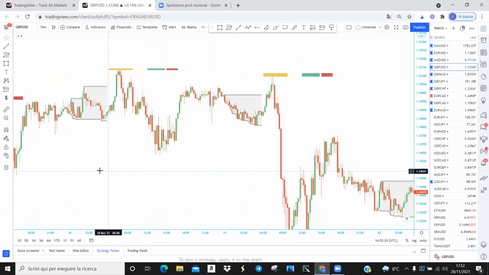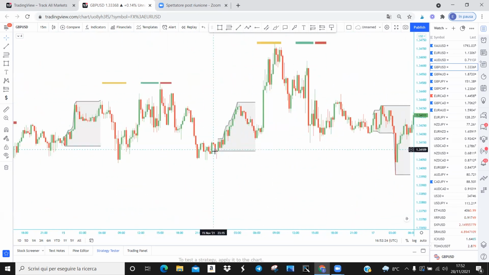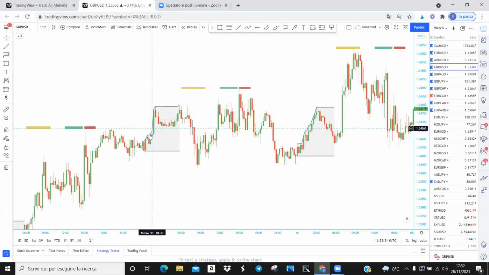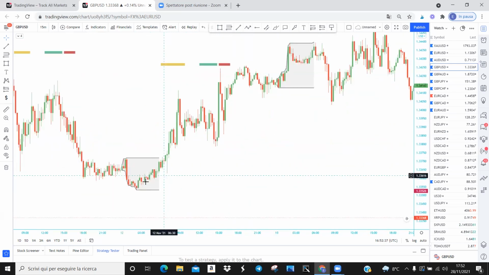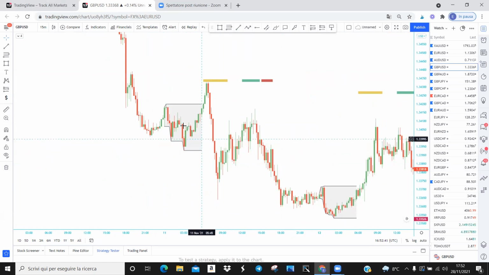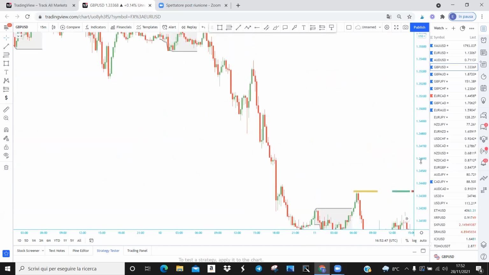Then what do we have? Here becomes a little bit trending, as you can see. Here already a little bit bigger, but not too bad. Here perfect. Just showing you what we like to see. Here is not bad, but it's a little bit bigger, but of course you can use it.